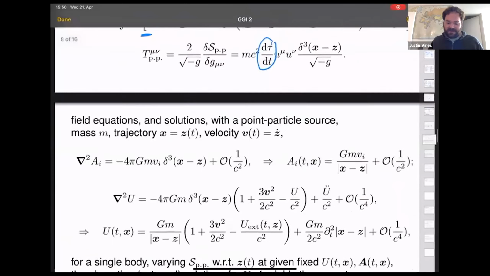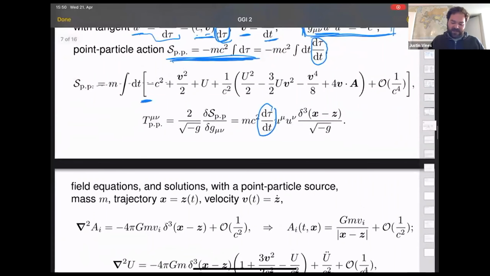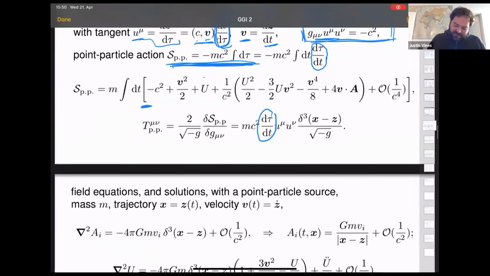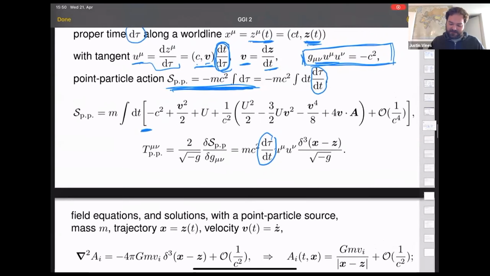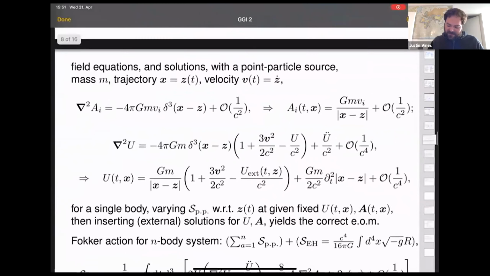Up here in this world line action, of course, all of these potentials are evaluated at the world line. If you don't take into account the fact that these potentials are also determined by this world line, at least partially, but treat them as given external potentials, U and A, and then vary with respect to the world line, you will get the correct equations of motion.